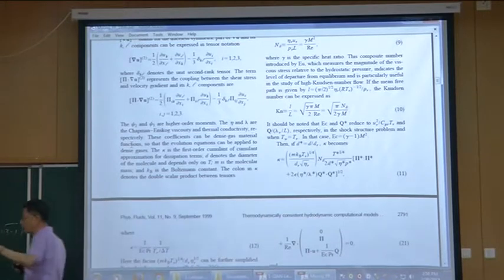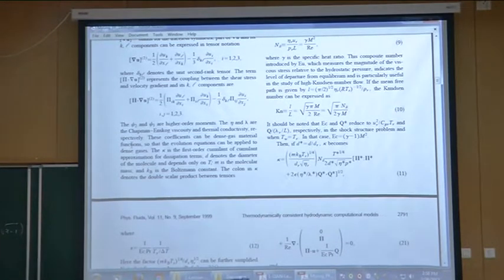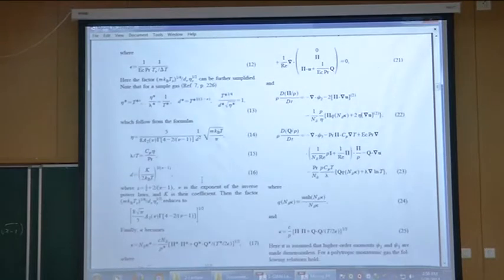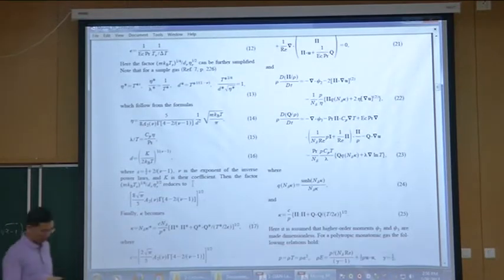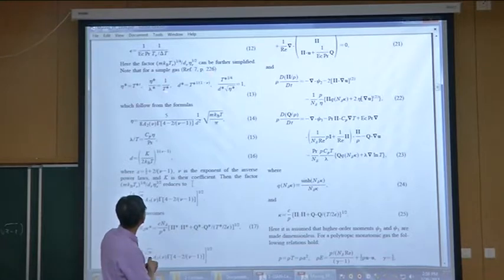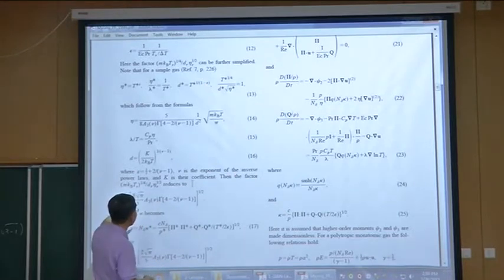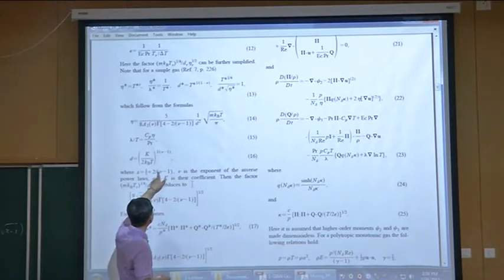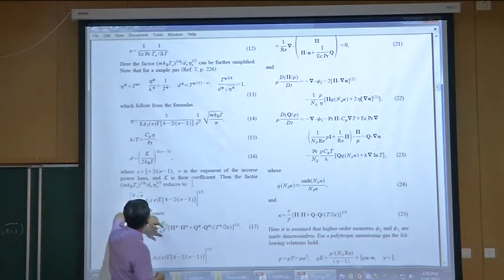Then I tried to non-dimensionalize this kappa term, using this kind of molecular relationship: let's say viscosity is a power of the temperature, and this lambda is the thermal conductivity, and this diameter is this kind of relation. The nu is the exponent of the inverse power law, well known in gas dynamics. The nu and the S are related this way.